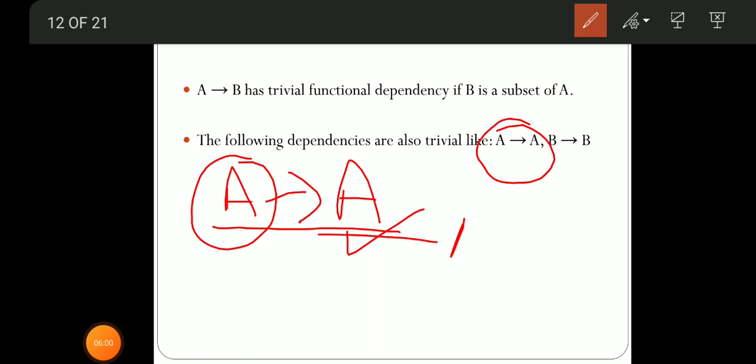Yes, A is the common attribute. Okay, again both the conditions are fulfilled. So this functional dependency is a trivial one. And the second example is also the same, this is also a trivial functional dependency. So this is about trivial functional dependency.